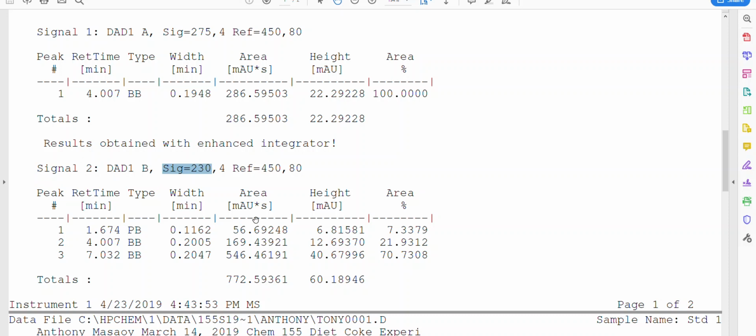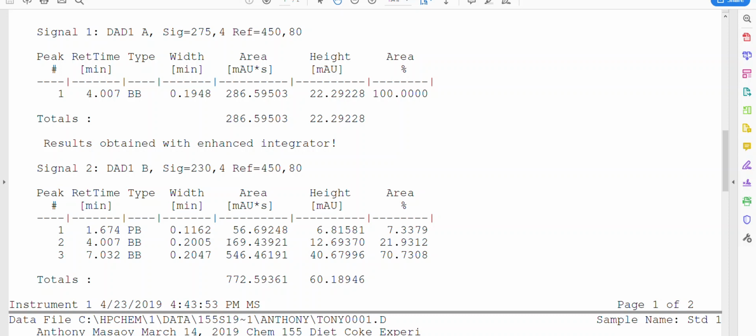For this part of the video, we're going to focus on the 4-minute peak, the caffeine peak. And we're going to look at the area in MAU seconds. Oops, the area here at 4 minutes.